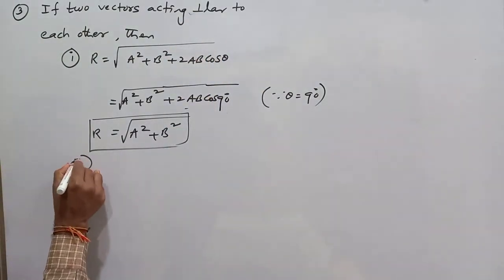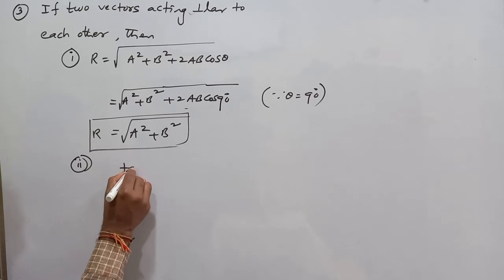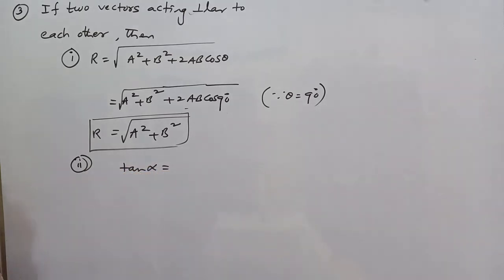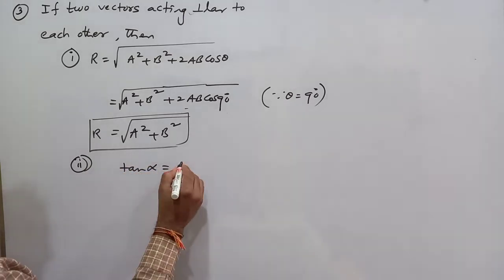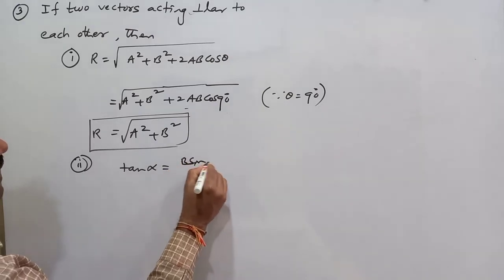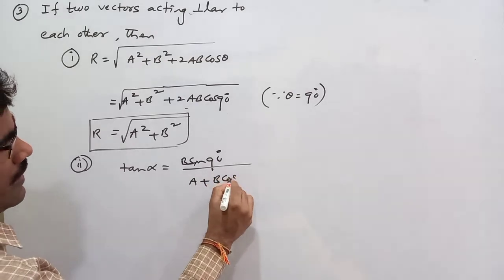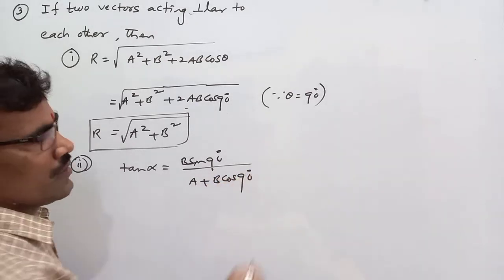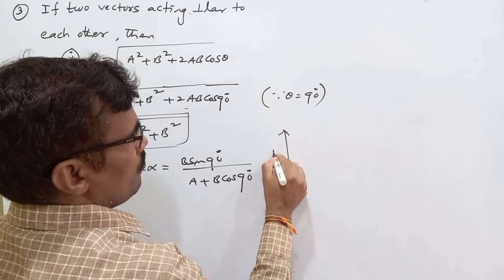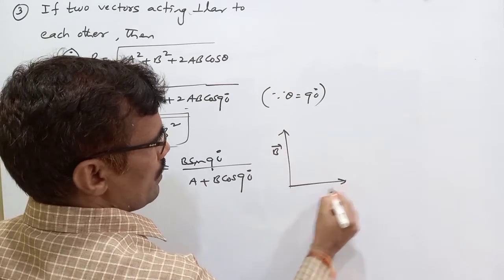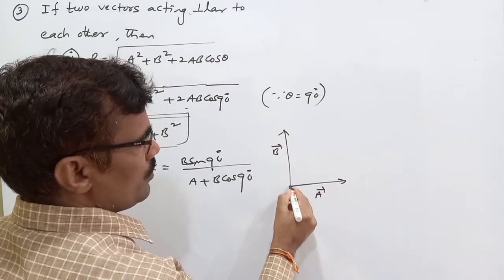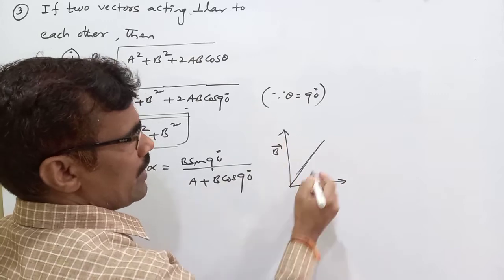Sir, here what is the direction? We know that tan alpha is equal to b sin 90 by a plus b cos 90. This is the b bar, this is the a bar, mutually perpendicular to each other, like the x axis and y axis.